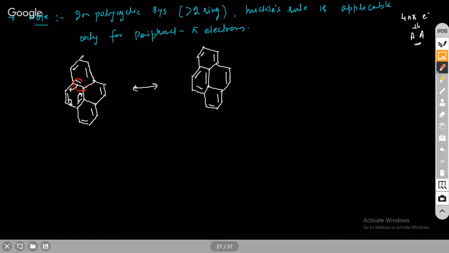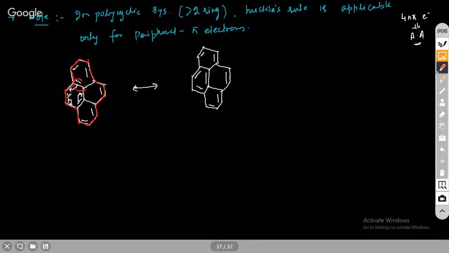Peripheral means you have to start like this and go like this, following all these edges, and along this edge, whatever pi electrons you get, those you have to count.